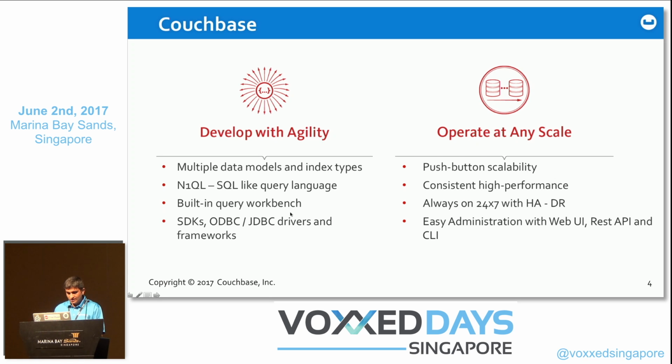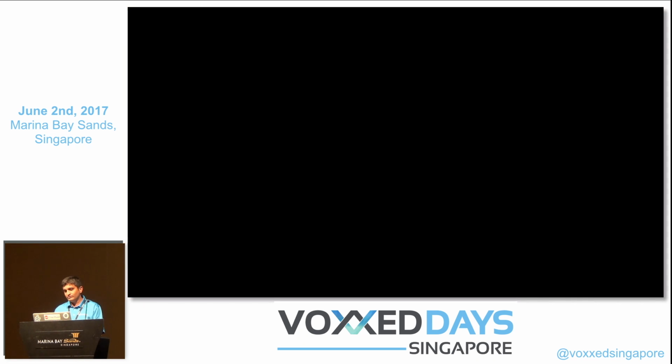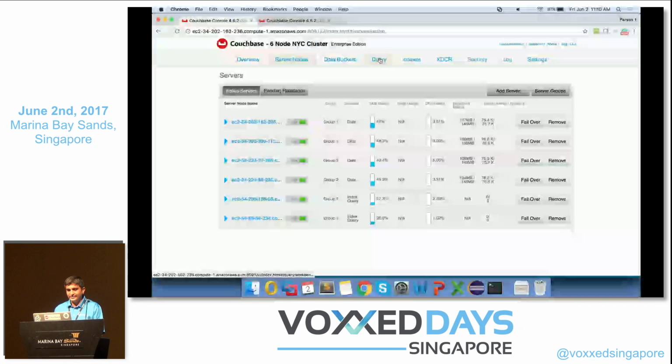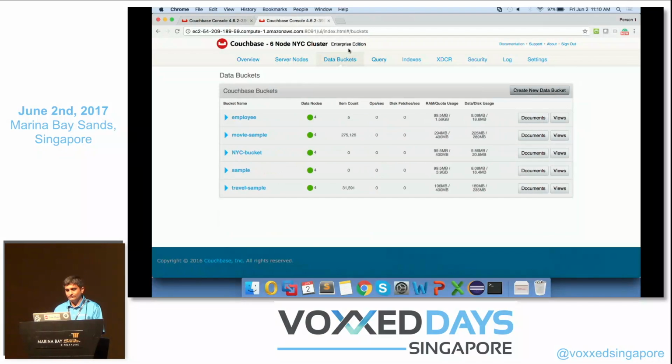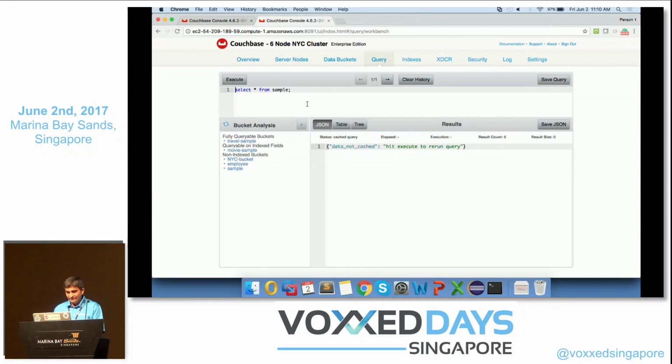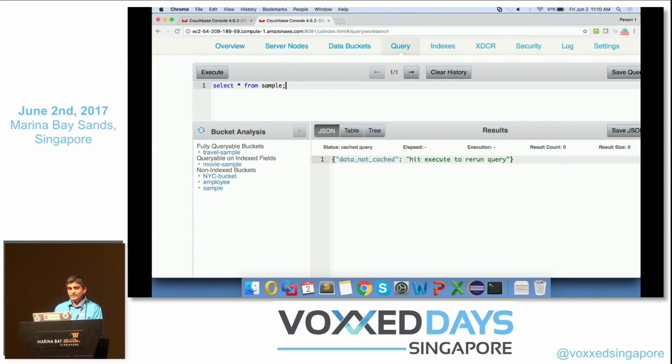Let me show what I mean by that. If you get into Couchbase Server, you have the query tab here. If I do a simple thing, select star from sample, it's an N1QL query, but it looks like SQL, doesn't it? When I say sample here, sample is the bucket.